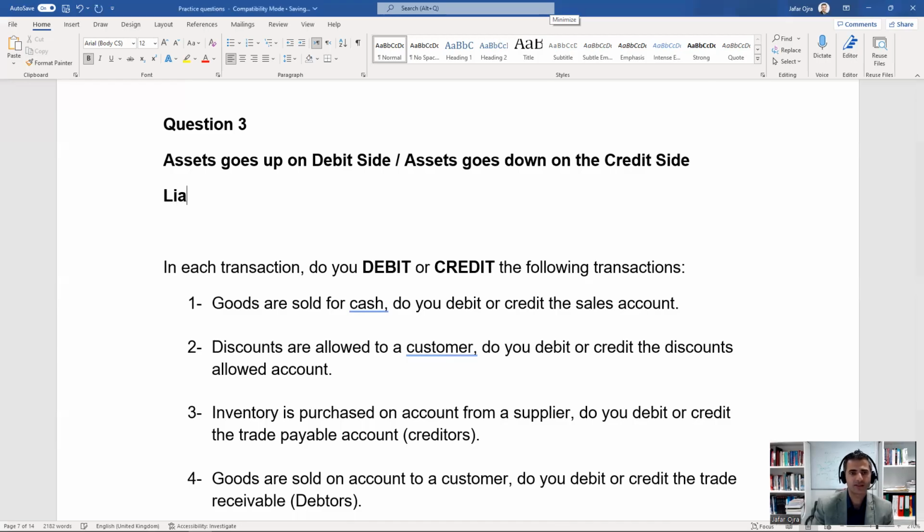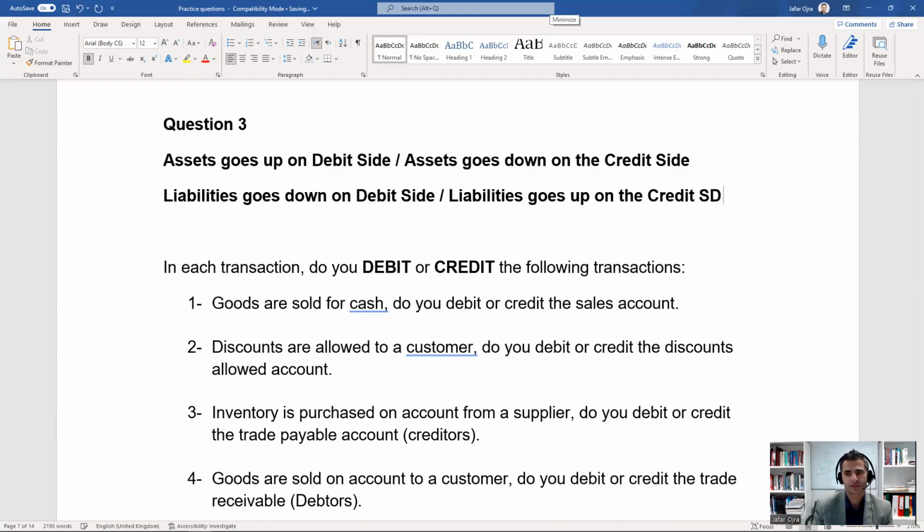The opposite of assets are liabilities, isn't it? So liabilities go down on the debit side, and liabilities go up on the credit side.